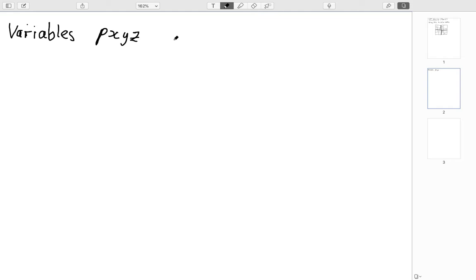row X, column Y, so the cell in row X, column Y contains Z. So for my 4x4 puzzle, we've got 4 rows, 4 columns, and 4 numbers we can put in.